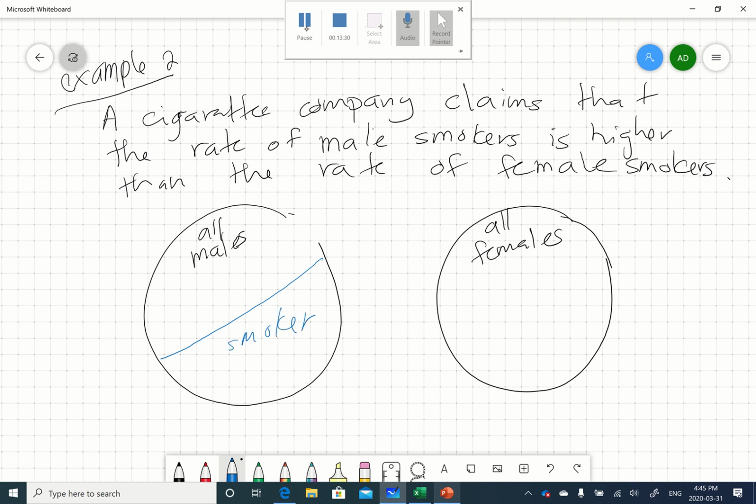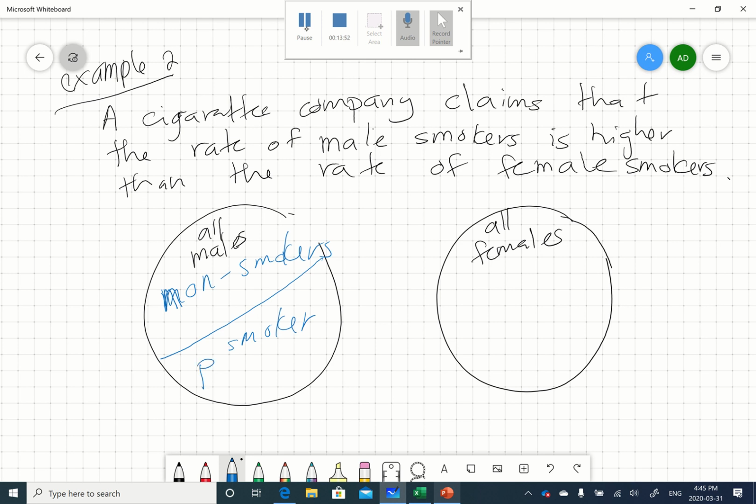Because we can divide them into smokers and non-smokers. So the number of male smokers divided by the total number of males, that's the proportion of male smokers.